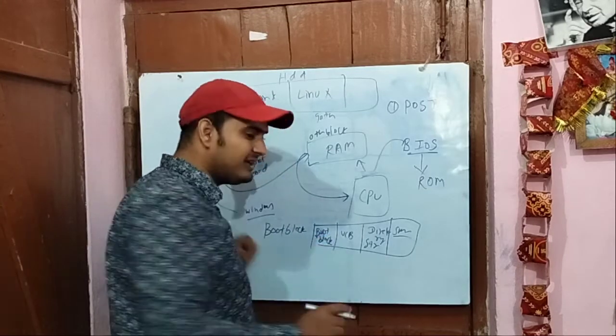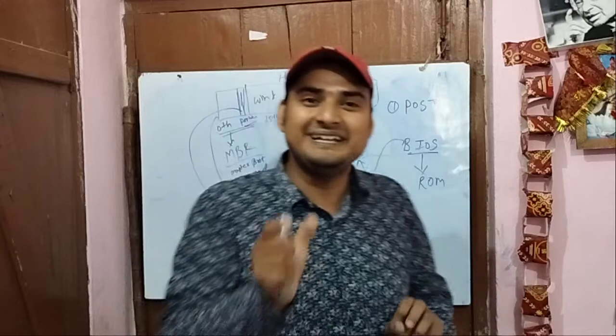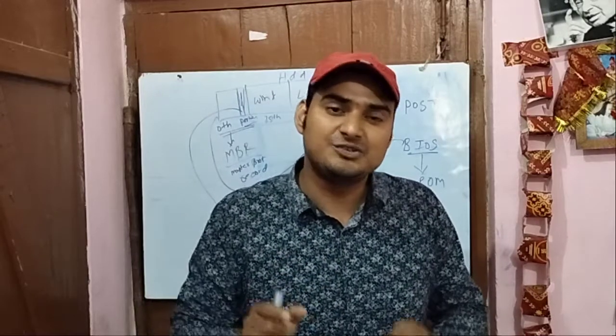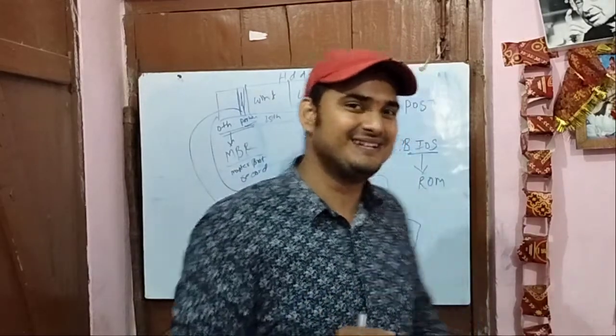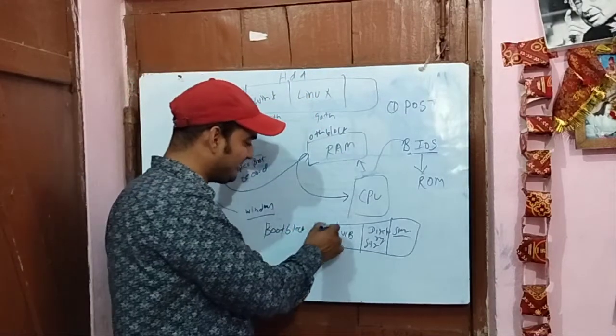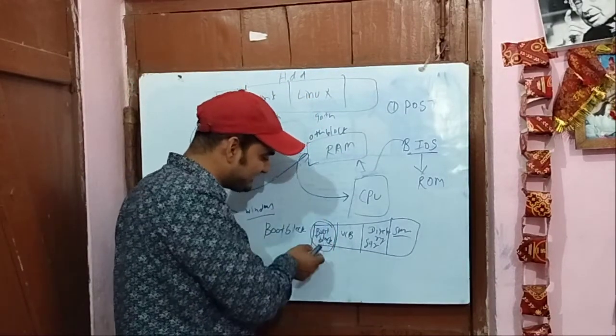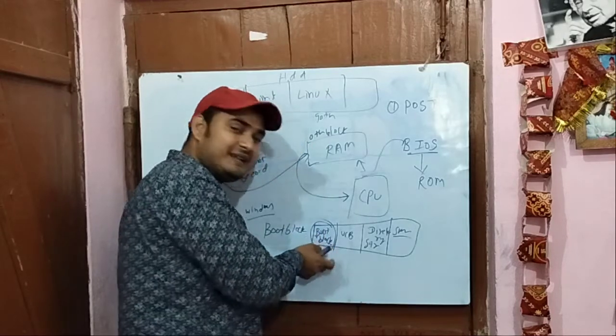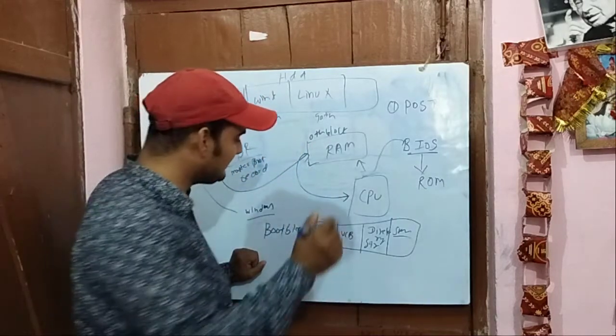This block contains the information about where our operating system actually resides. Let's suppose you have Windows, so this block contains the information about where our operating system exists, and from here only we will get the exact idea of the operating system.